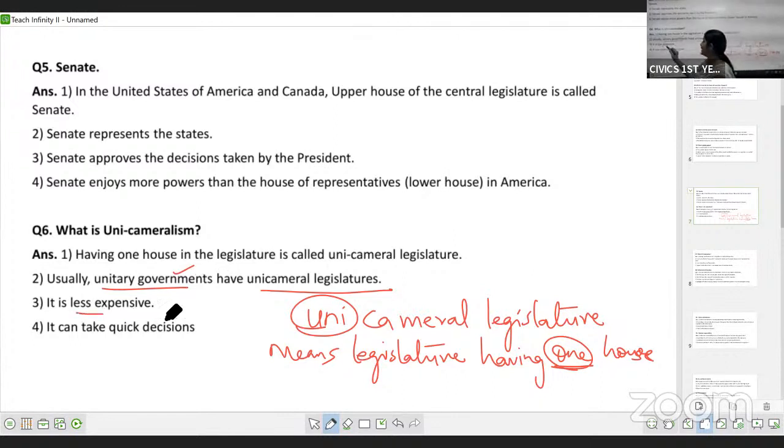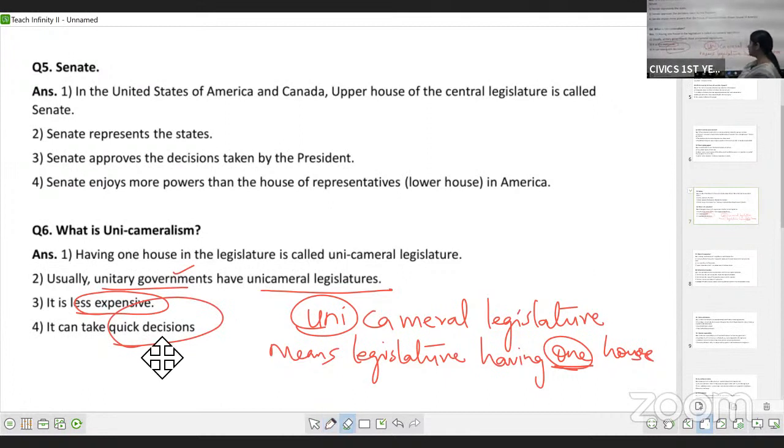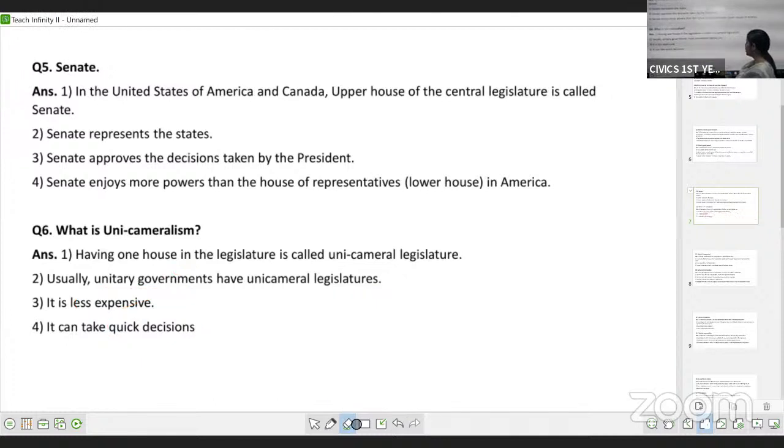is less expensive. Unicameral legislature is less expensive, and as it is the only house which has to pass the bill, the decisions are taken quickly. So quick decisions are taken when there is unicameral legislature. Okay, so where do you find this unicameral legislature?